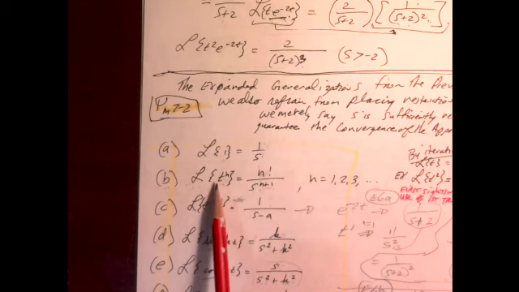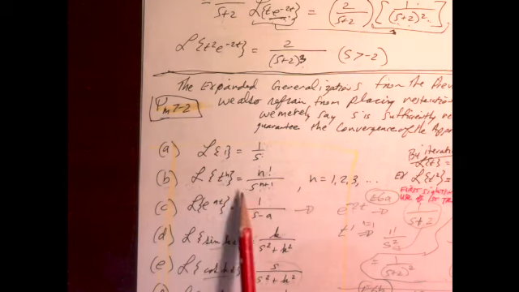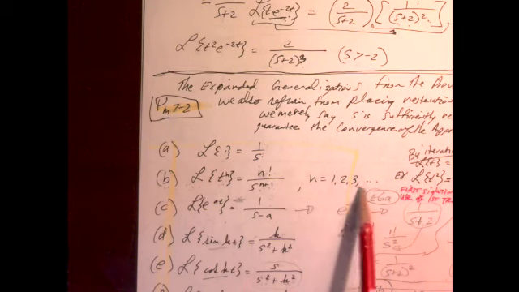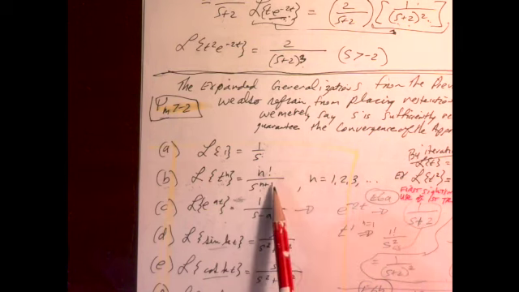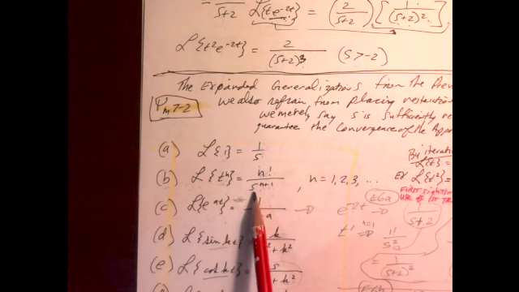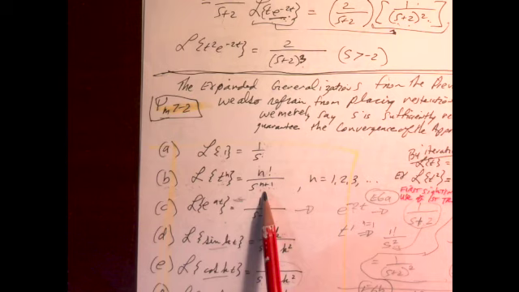So now if you have t to the n, where n is a positive integer, 1, 2, 3, on and on, you would put a factorial on top with an s raised to an n plus 1 power in the denominator.